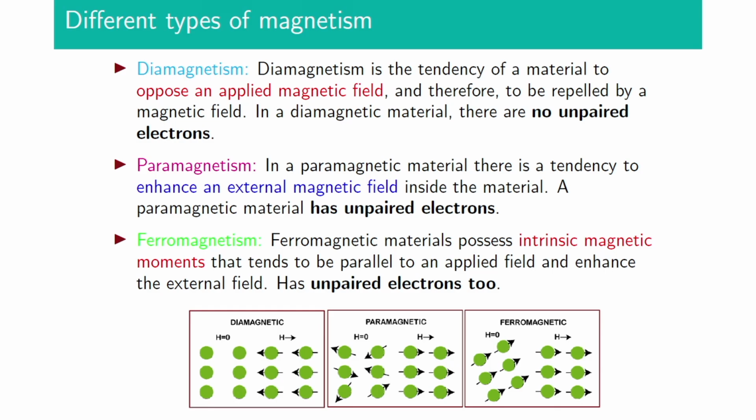A paramagnetic material may not have a magnetization of its own, but when it is put in a magnetic field it develops magnetic moments. And ferromagnetic materials possess intrinsic magnetic moments, and they tend to align parallel to the applied field and enhance the external field. They also have unpaired electrons.